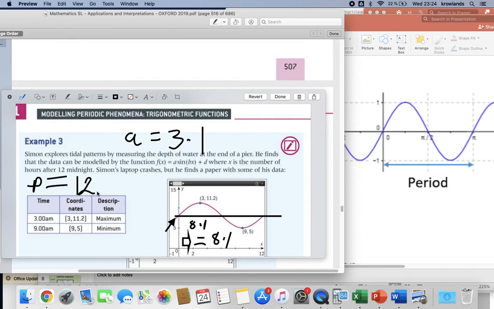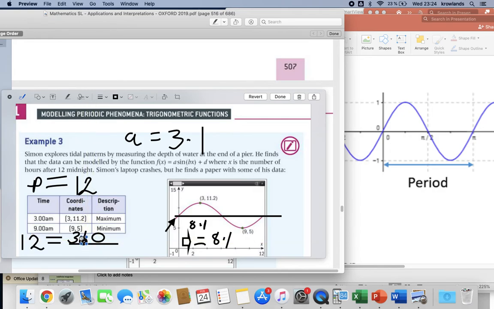But that, unfortunately, doesn't give us B. We know that the period is given by 360 divided by B. Now we know the period, we know the answer, but we don't know the equation. We know the period is 12. So all you need to do is solve this algebraic equation.